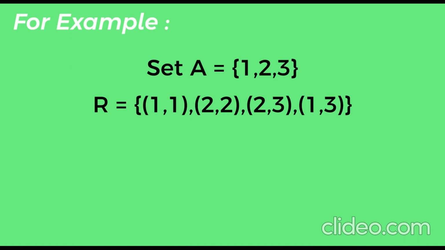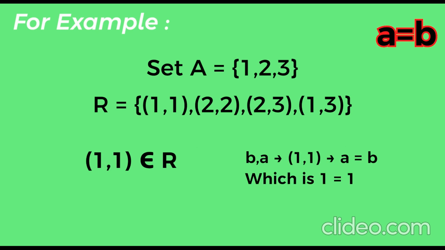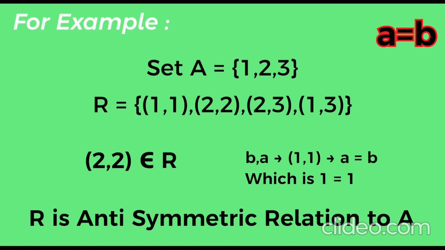If R is antisymmetric, it must satisfy this rule. (1, 1) belongs to R. If we interchange both x and y coordinates, we get (b, a), that is (1, 1), which implies a equals b, which is 1 equals 1. There is also another ordered pair, which is (2, 2), which satisfies the antisymmetric rule. Thus, we can conclude that R is an antisymmetric relation on A.